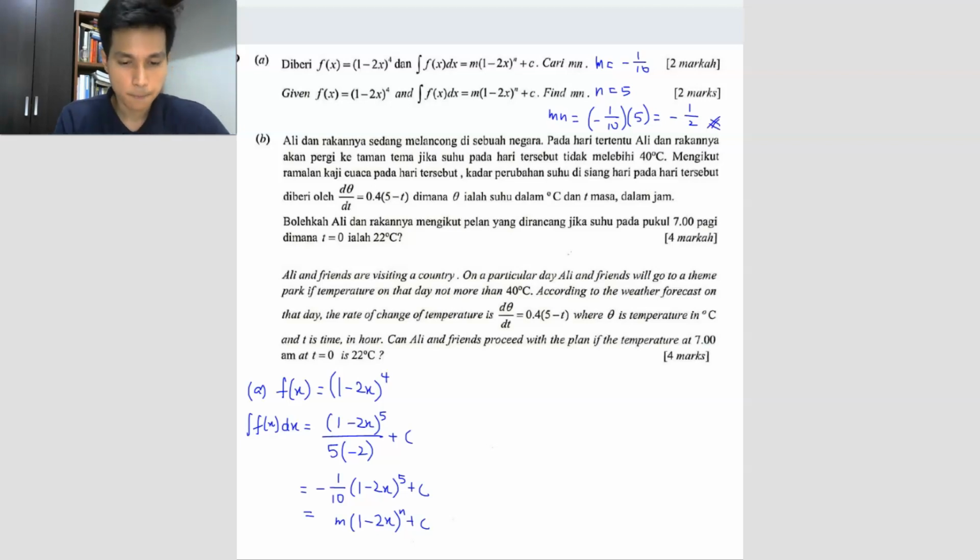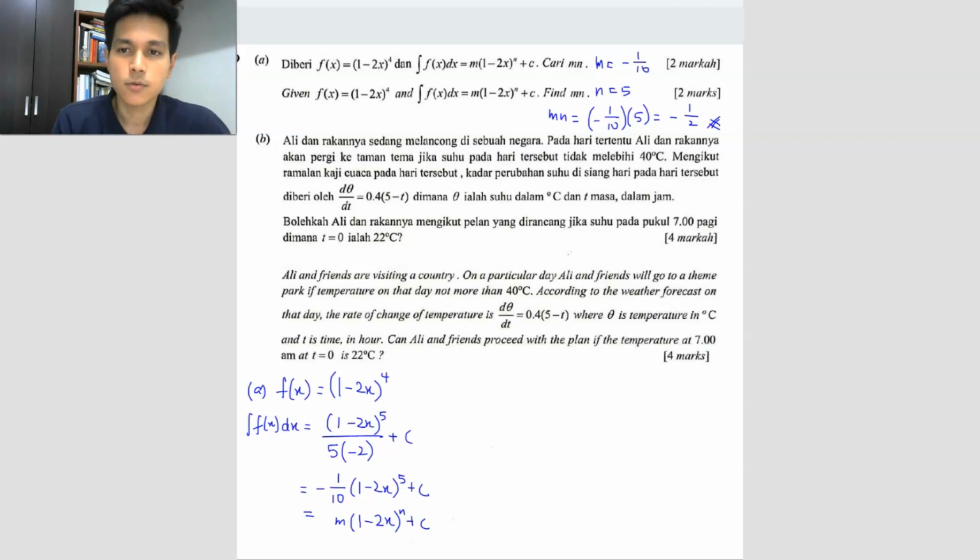Alright, question B. Now you want to find what? Ali and friends are visiting a country. On a particular day, Ali and friends will go to the theme park if the temperature on that day is not more than 40 degrees. Okay, so if it's not more than 40 degrees, they will go to the theme park, otherwise they won't.